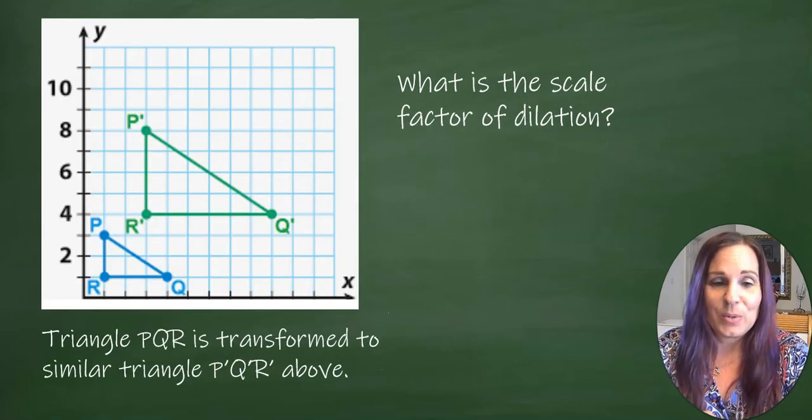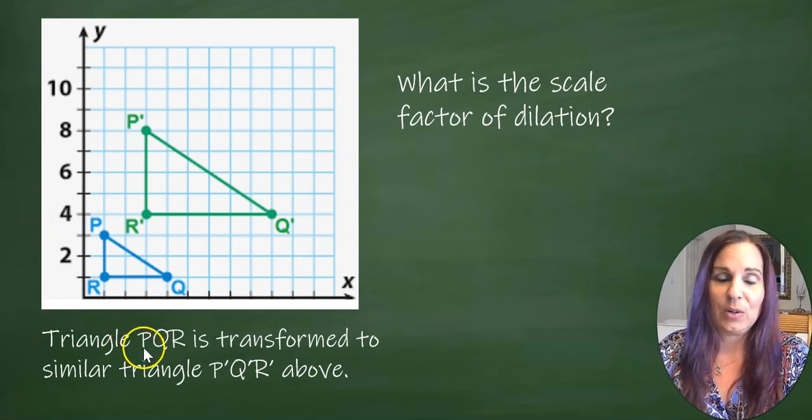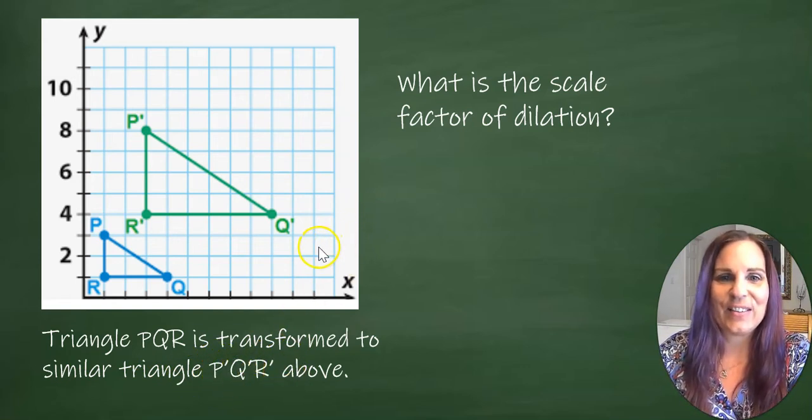And for this question, we're given two similar triangles, right? We're told that they're similar. Triangle PQR is transformed to similar triangle P prime, Q prime, R prime above. What is the scale factor of dilation? So just like in the last problem, we could look at the lengths of the triangle sides, right?